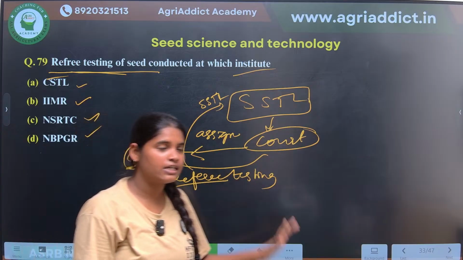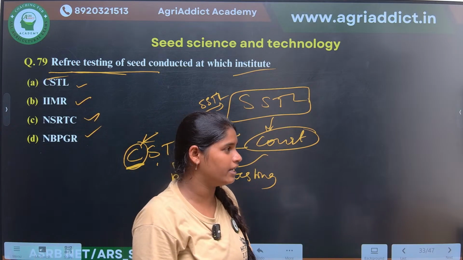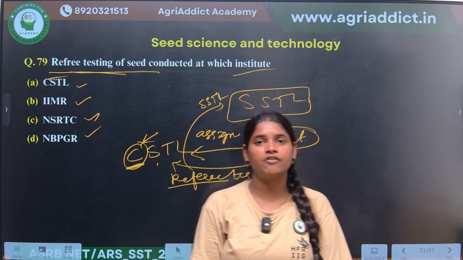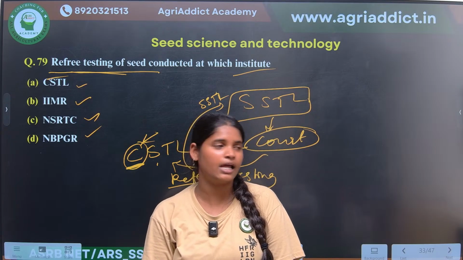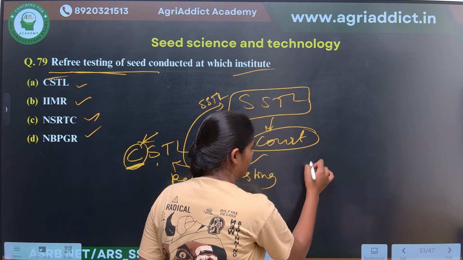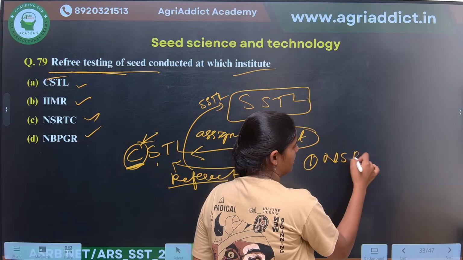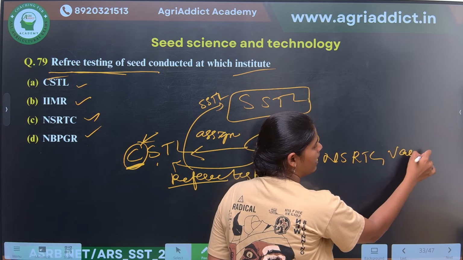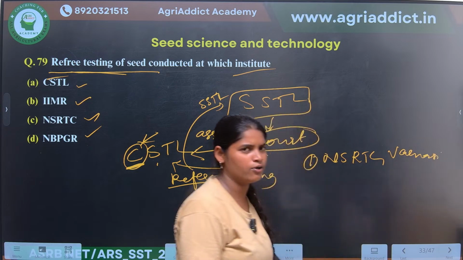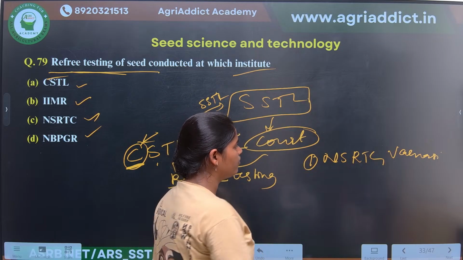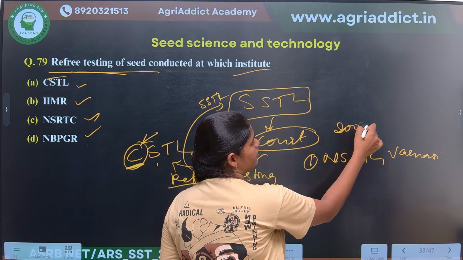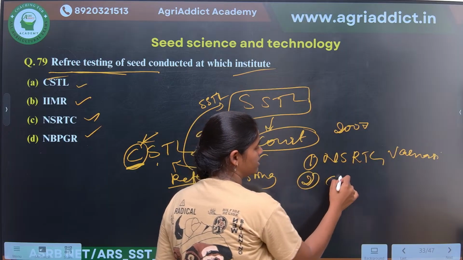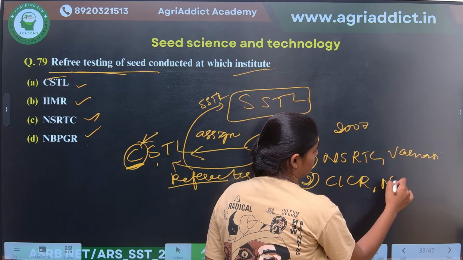Where do we have the central seed testing laboratory? Usually we have one at NSRTC, that is Varanasi. Earlier it was in New Delhi, but in 2007 they shifted to Varanasi. The other one is at CICR Nagpur, the cotton research institute.